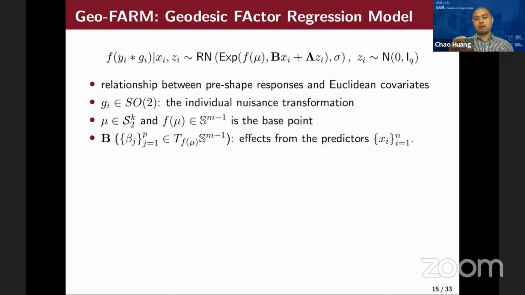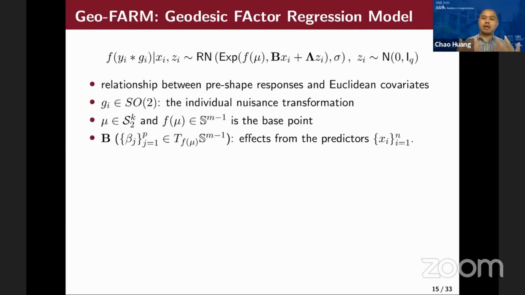And here, as we introduced for this intrinsic regression model, for the conditional mean shape we can use the exponential map with two different terms. One is a base point, which is f(mu). Another is all the information on this tangent space. We have two parts. One is b times xi. The xi are all these observed predictors, including demographic information and clinical information.